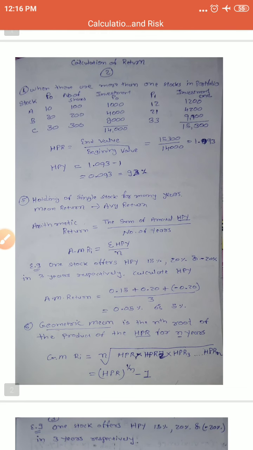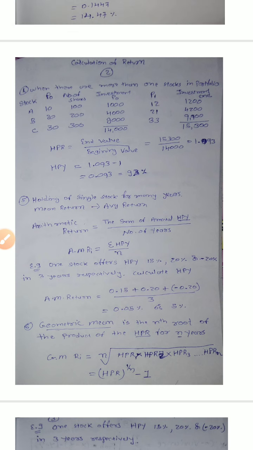Now come to the second one. Here we are talking about the fourth situation. Here we assume that we are holding more than one share, and we hold them for 1 year. Like if you see over here, we have 3 shares, A, B and C, that you purchase. P0 stands for your investment prices.